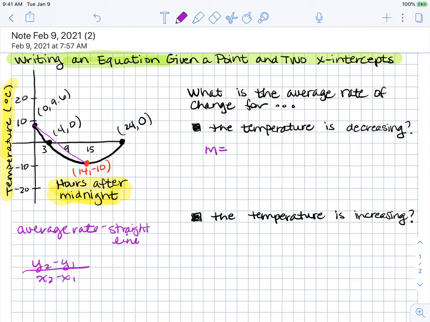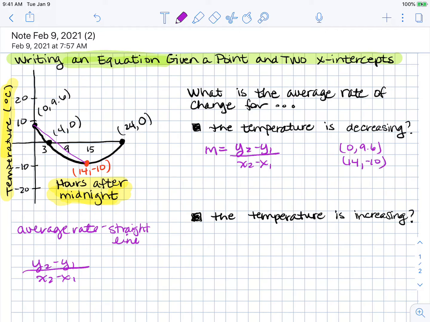I'm going to use y2 minus y1 over x2 minus x1. And in this particular case, I have the point (0, 9.6), and then the next point (14, -10).